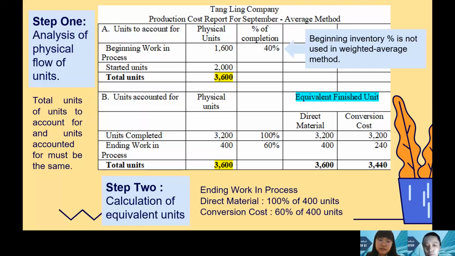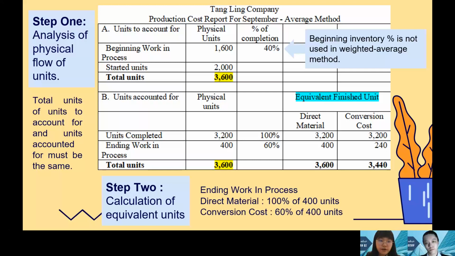Let's look at this percentage of completion, 40%. Beginning inventory percentage, which is 40%, is not used in the weighted average method. Therefore, the physical unit for beginning work in process is the same as 1,600.